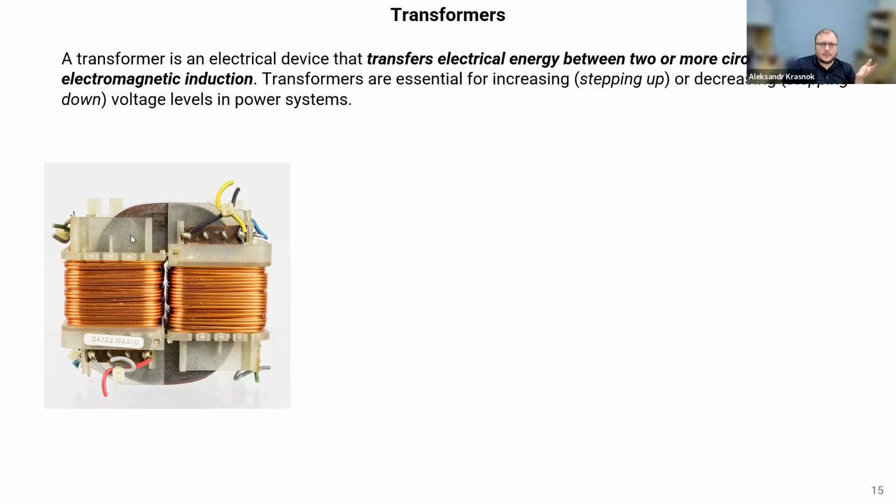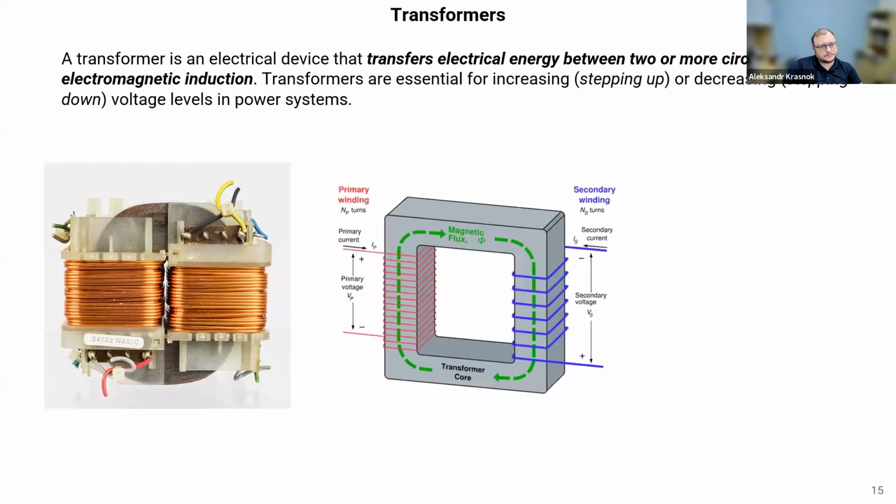In the perfect ideal case, the flux that goes through one coil will be equal to the flux through the second coil. This is the schematic picture of any transformer. You have one primary winding, one primary coil, the secondary coil, and this magnetic flux induced in the core.